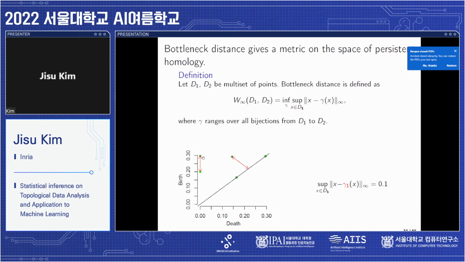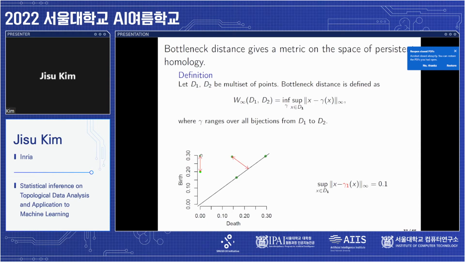Say this matching is gamma 1. Now we measure the infinity distance between the matched points, where infinity distance means that you measure the horizontal difference and the vertical difference, and take the larger one.